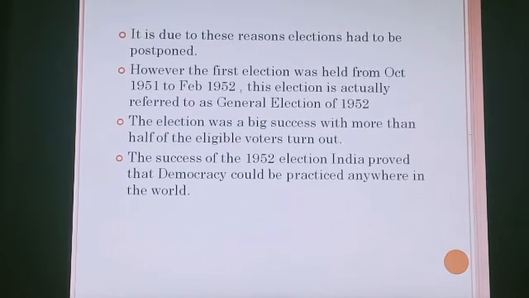More than half of the voters turned out. So this election of 1952 in India proved that democracy can be practiced everywhere in the world, even though people are illiterate, not developed, or the country is new.